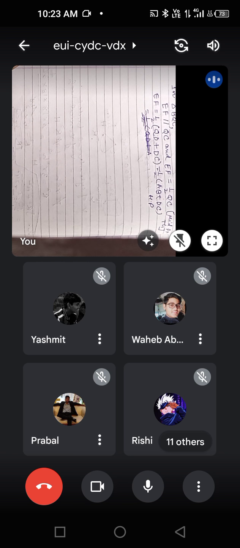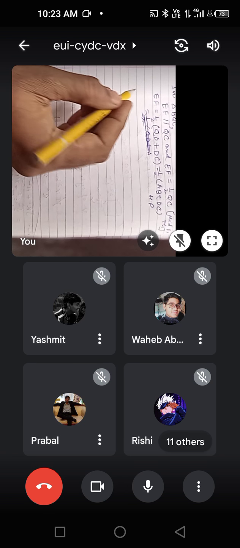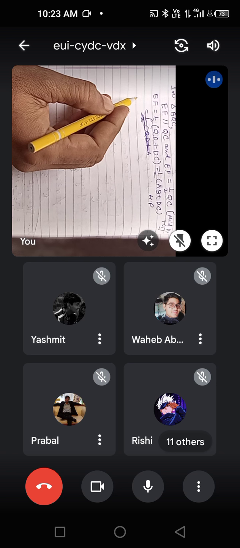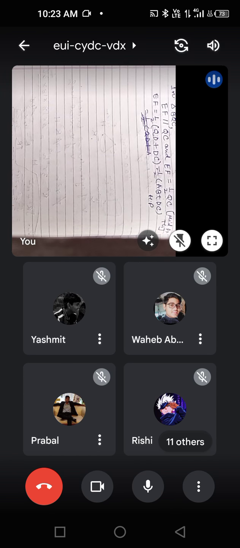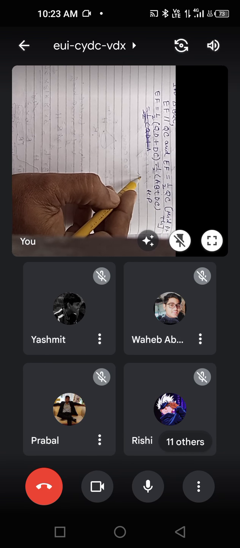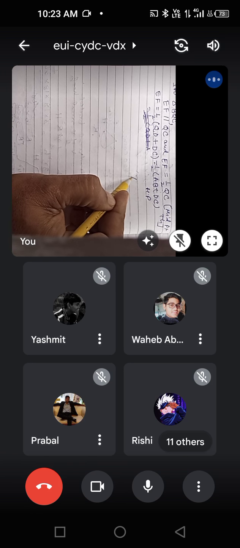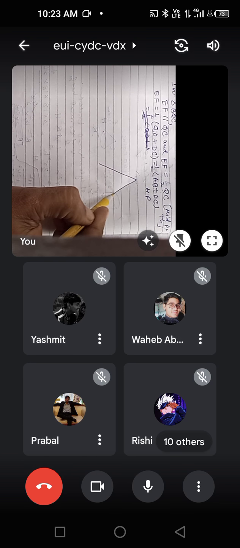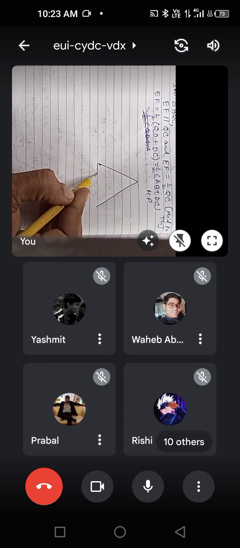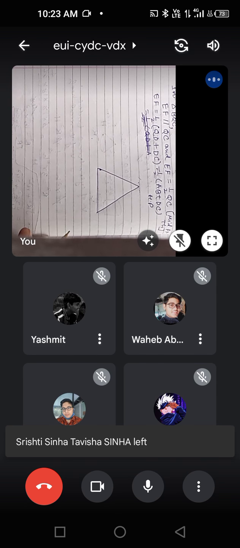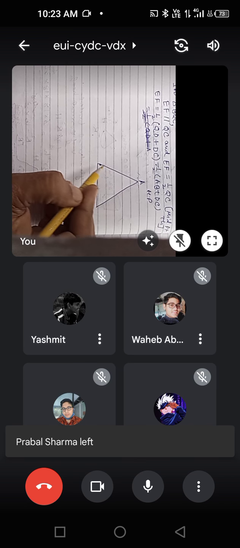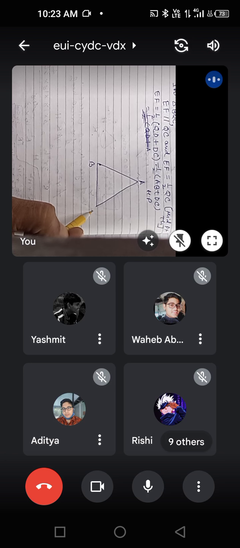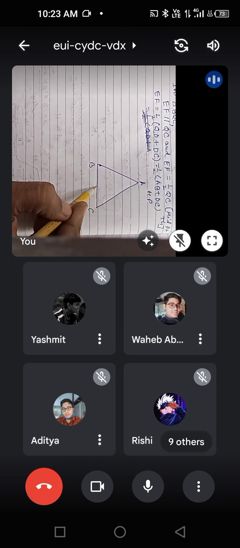Now the question says that there is a triangle. You can take this as a triangle here. The name of the triangle is ABC, and this is the median here.